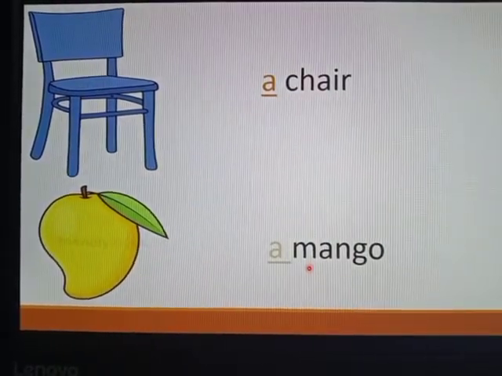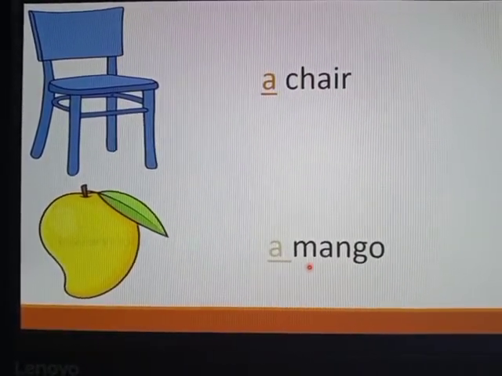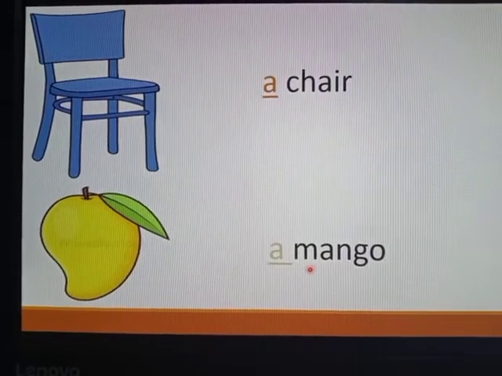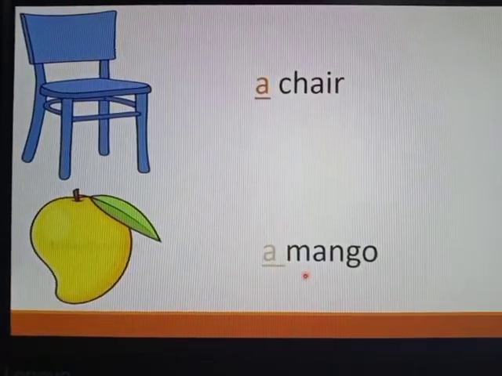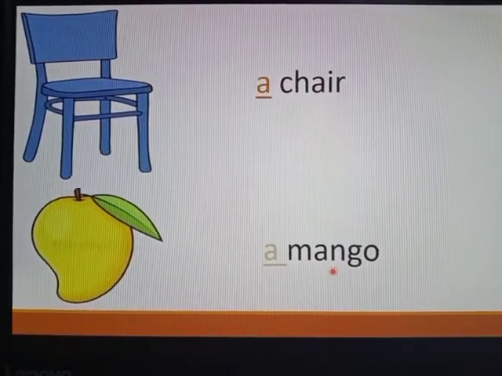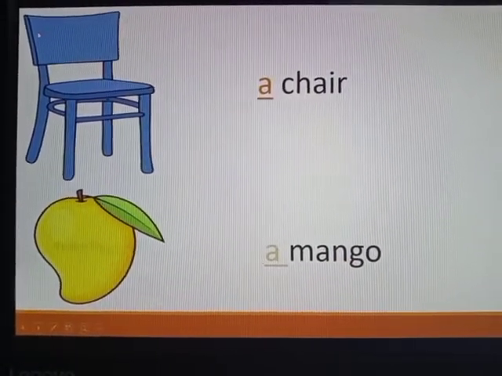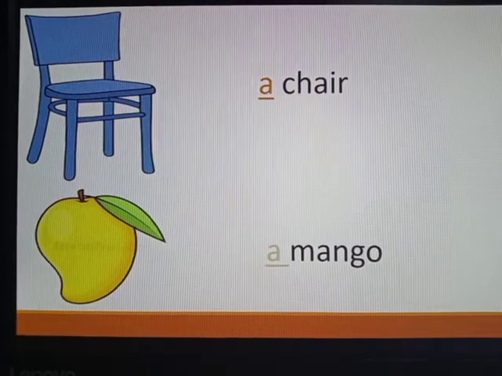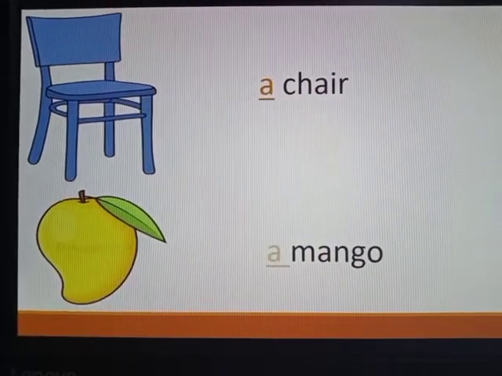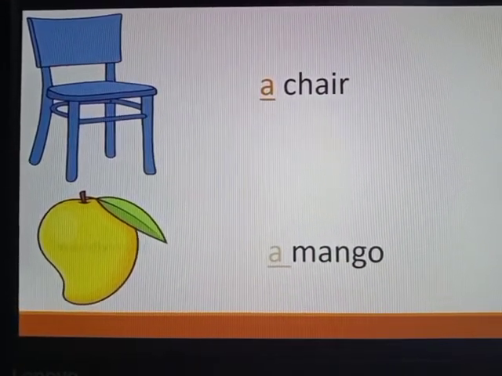So, we use A before words that begin with consonant sounds. So, how do you read it? A mango. Understood? Where to use A?